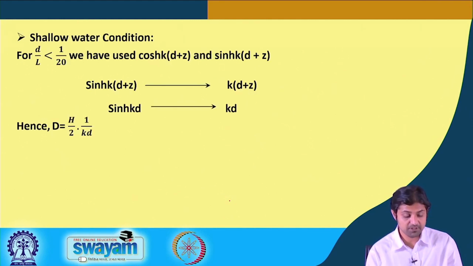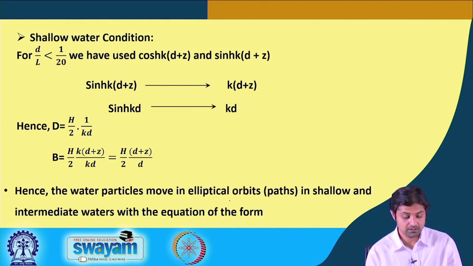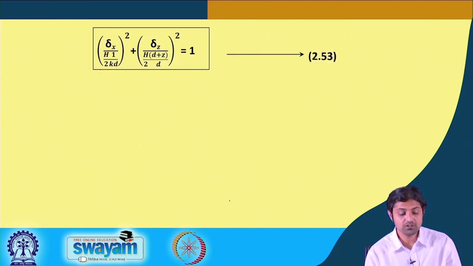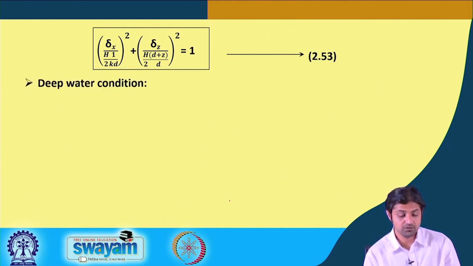So, this capital D becomes H by 2 into 1 by kd, and B becomes H by 2 k(d+z) by kd. Hence, the water particle in shallow and intermediate waters moves in an elliptical orbit with the equation of the form, simply substituted with this D and B.